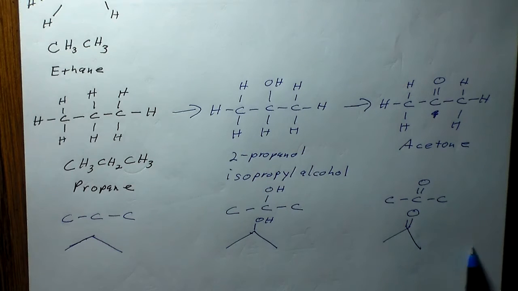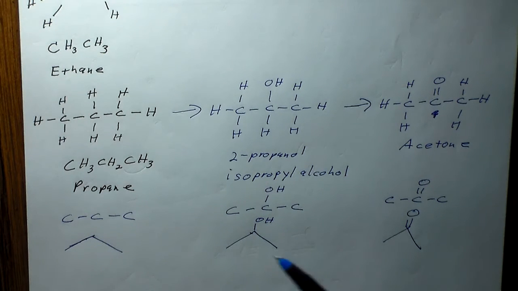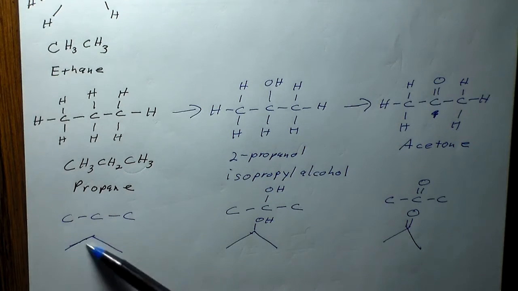These little line diagrams, or stick diagrams, are the way you will usually see organic compounds represented, because it's simple, it lacks a lot of clutter, and it's a lot easier to do it that way. At every endpoint, that's going to be a carbon, and at every vertex, that's going to be a carbon. So carbon, carbon, carbon. And then here we have carbon, carbon, carbon, carbon, carbon, carbon. And then on the ends, you just start sticking on your hydrogens.